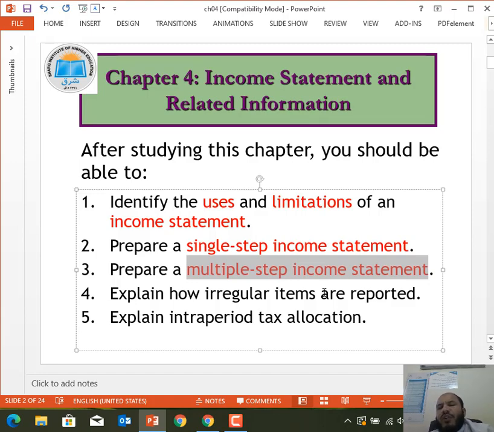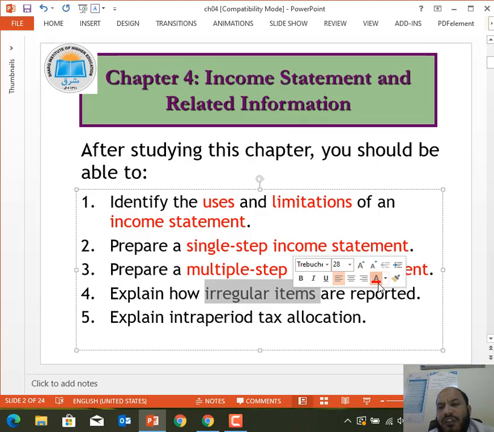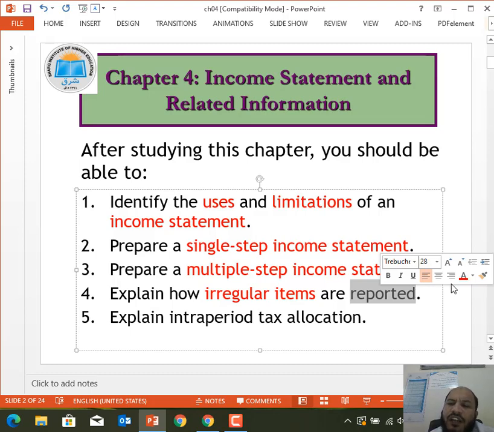Now you are in advanced accounting, in intermediate accounting, so that's why you should learn about the multiple step income statement. The fourth objective of the chapter is that you will demonstrate irregular items, and you will also be able to learn how to report these irregular items.